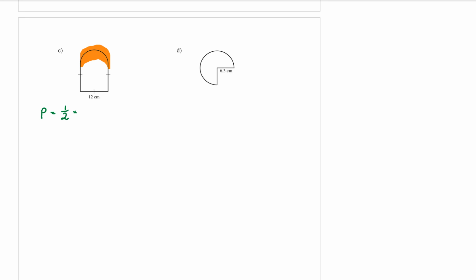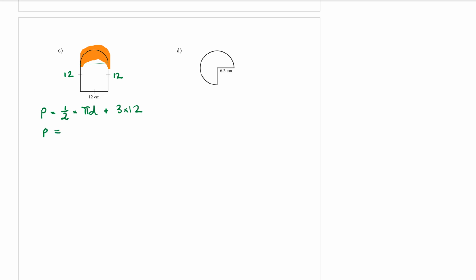This 12 here goes the whole way across the circle, so it would be the diameter. So I'm going to use the pi d formula. So half of pi d, that's the circle part. Then I have to add on all the straight sides. Now because they all have this line marking, they're all going to be 12. So I would have 12 down here, 12 across the bottom, and 12 up the other side. Or in other words, 3 lots of 12.